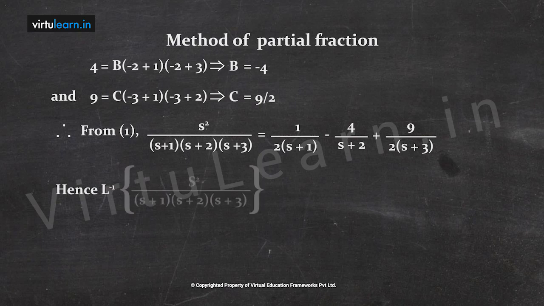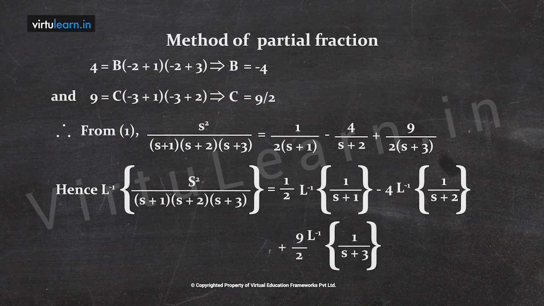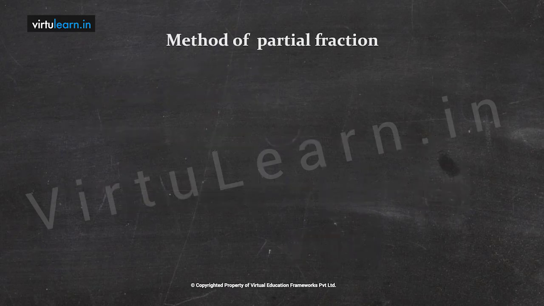L inverse of s square by s plus 1 into s plus 2 into s plus 3 equals 1 by 2 into L inverse of 1 by s plus 1, minus 4 into L inverse of 1 by s plus 2, plus 9 by 2 into L inverse of 1 by s plus 3. Then according to basic formulas, half e power minus t for the first part, minus 4 into e power minus 2t, plus 9 by 2 into e power minus 3t.